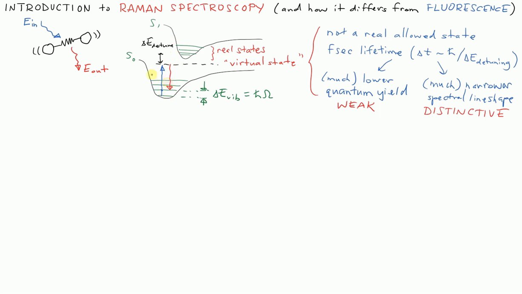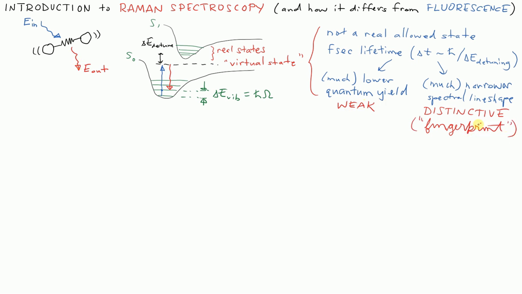If you send photons onto a molecule that has many different vibrational modes, each vibrational degree of freedom will produce perhaps its own Raman scattering peak, and that sequence of peaks is very distinctive of that molecule compared to fluorescence, which is much broader and less distinctive. So we often call Raman spectroscopy the fingerprint of emissive spectroscopy compared to fluorescence. So a good thing and a bad thing.